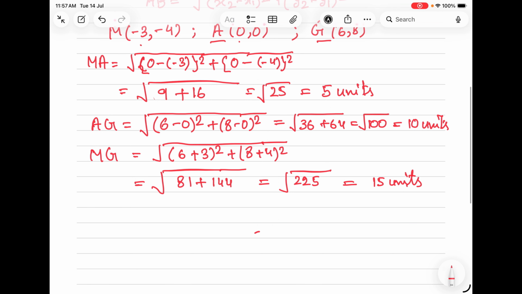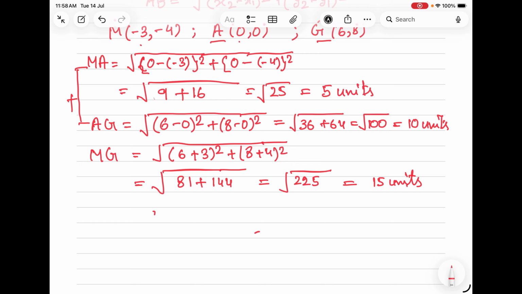Now see MA plus AB. What is MA? 5 units. AB 10 units. 5 plus 10 is 15, and that is also equal to MB, 15 units.